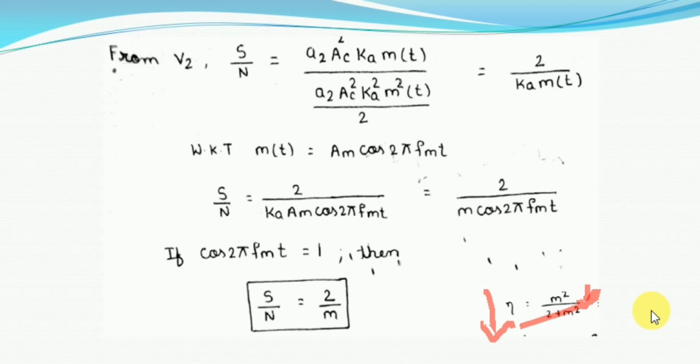Here, in order to keep the signal value high, the modulation index value should be low. It is practically impossible. That's why we cannot use this square law detector method in practical applications where the modulation index value is high. Hence this method is not used.